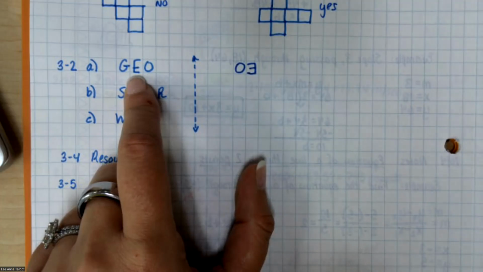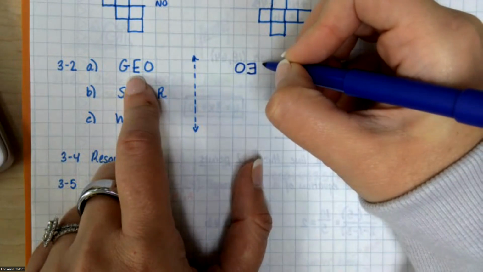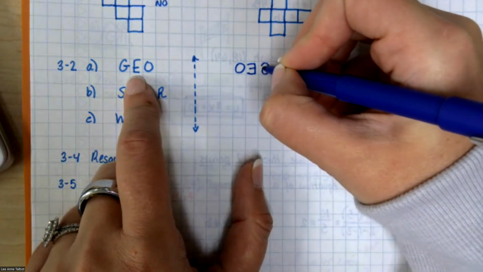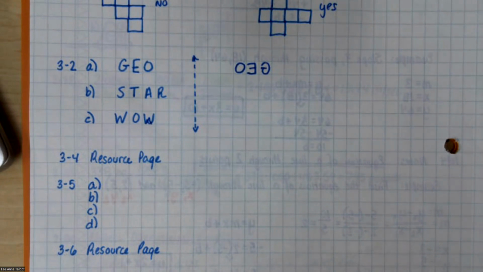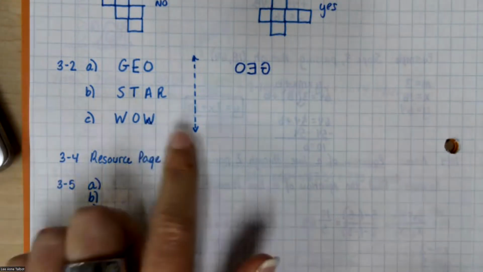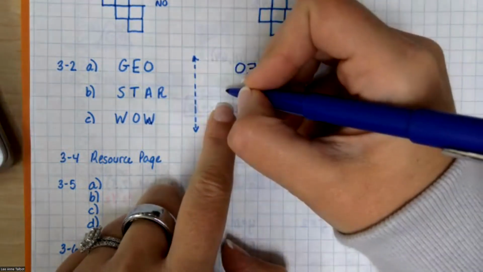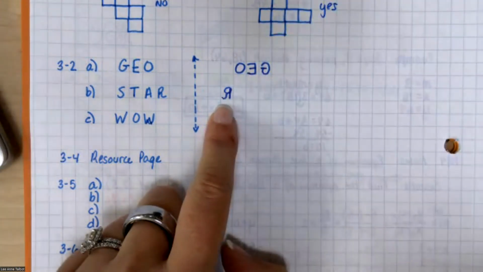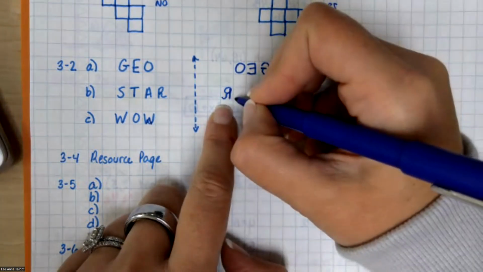You guys know what Pilates is? Okay, now G. Man, that's hard. Okay, star starts 3 boxes away. A is easy.